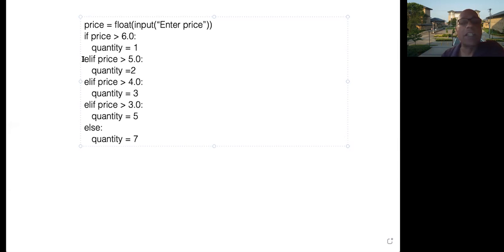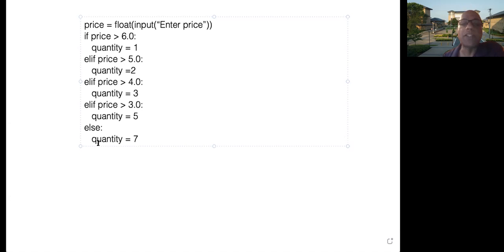What it means is, if this condition is false, and if this condition is true, else if. This really means else. Otherwise, if price is more than $5, so we assume price is 5.5. So price is 5.5 greater than 5. So we will set quantity to 2, and all of this will be ignored.